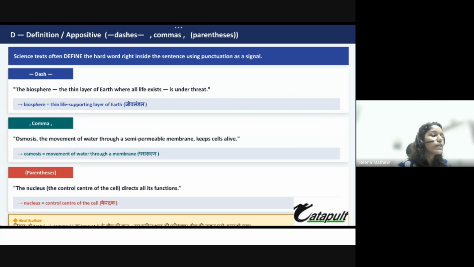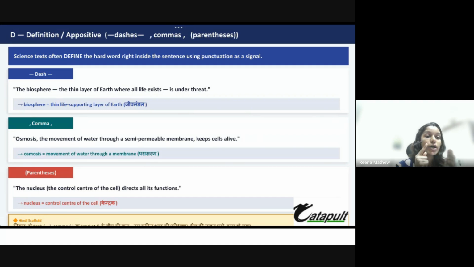Okay. So next is D, we have definition or opposite. There's already something that we have learned, that is dashes, commas, or parentheses. So look at this first sentence. The biosphere, the thin layer of earth where all life exists, is under threat. Imagine you don't know biosphere.